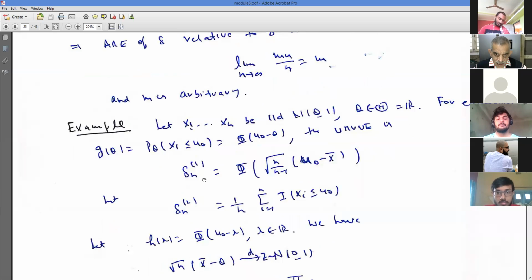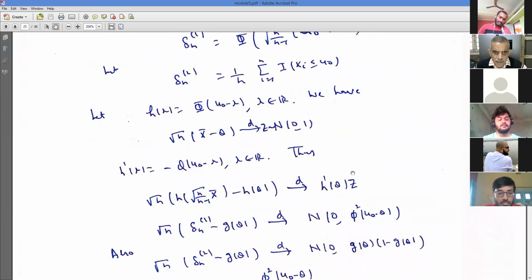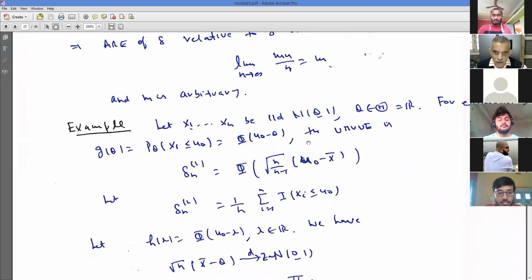Here, as I told you, there is some problem. You have to slightly modify this one. What I am doing is you are estimating phi of u naught minus theta, which is same as delta n1, phi of root n upon n minus 1 times u naught minus x bar. I have to write this as h of cn times sample mean.